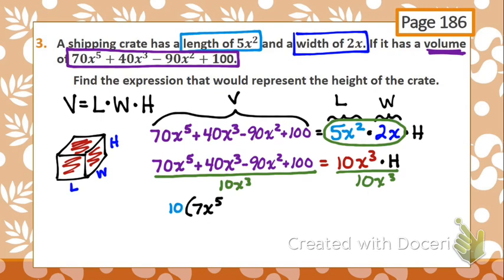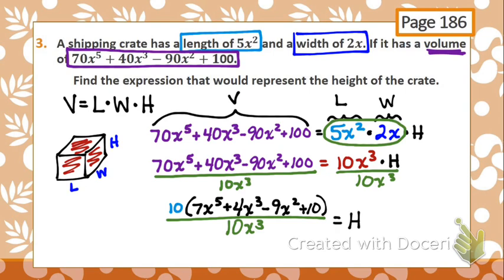So 7x to the 5th plus 4x cubed minus 9x squared plus 10, all over 10x cubed. Why was it nice to get that GCF out to the front? Yep. And my 10s right here will cancel.